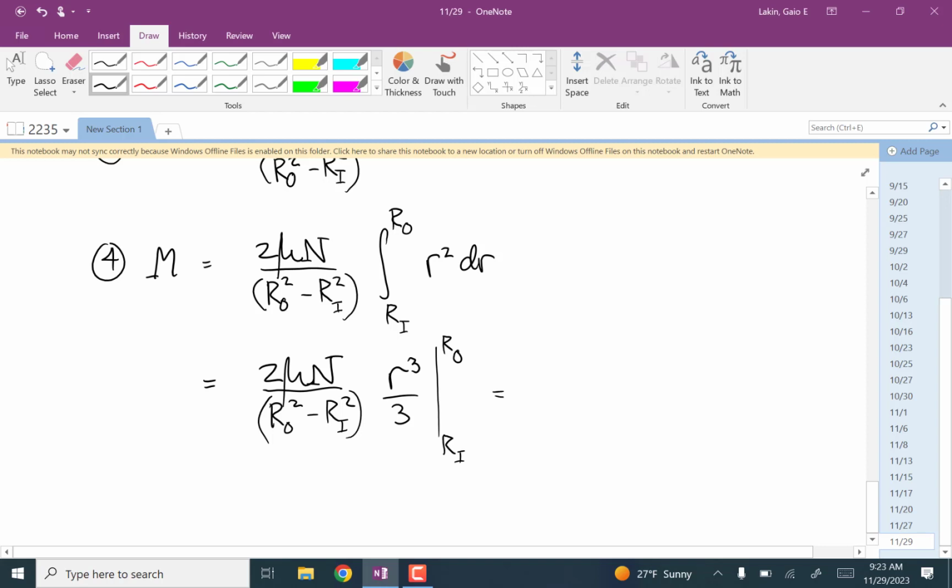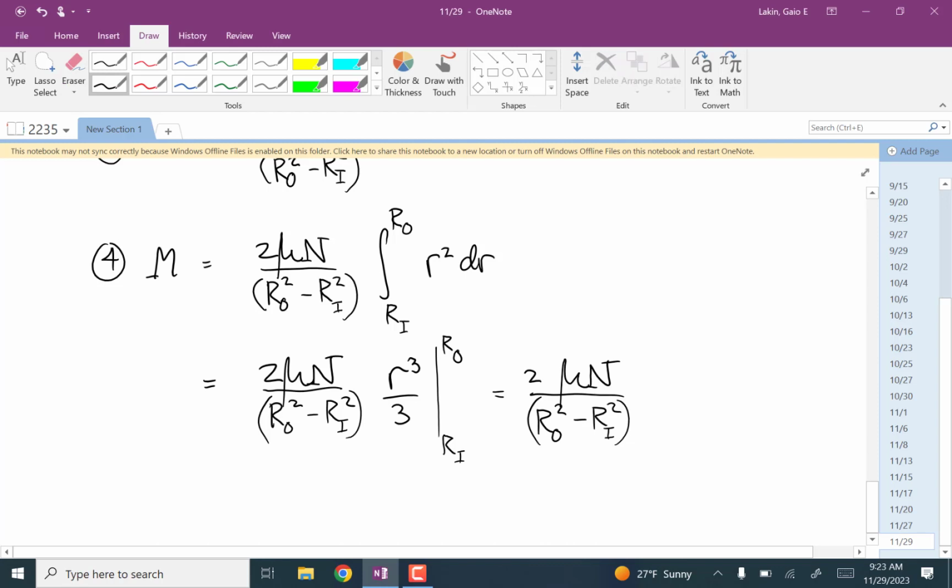And so that is 2 mu N times R outer squared minus R inner squared. I'm going to pull that 3 out also.